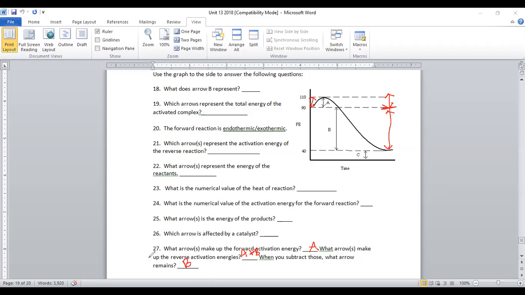Okay, so I feel like this is a pretty tricky topic. What I might recommend is just practicing where they're normally located.